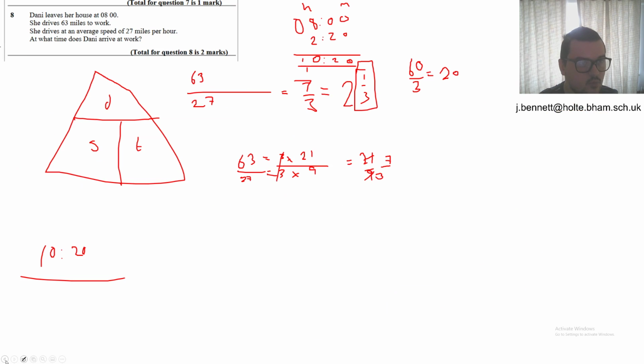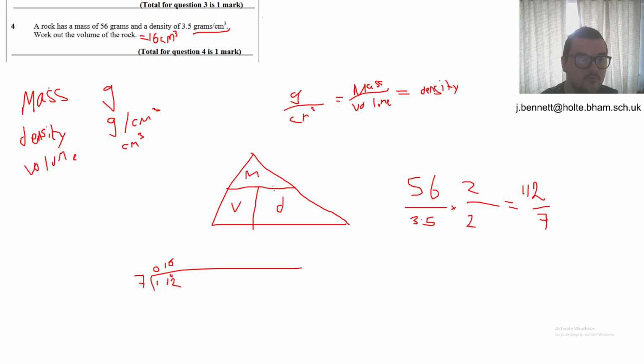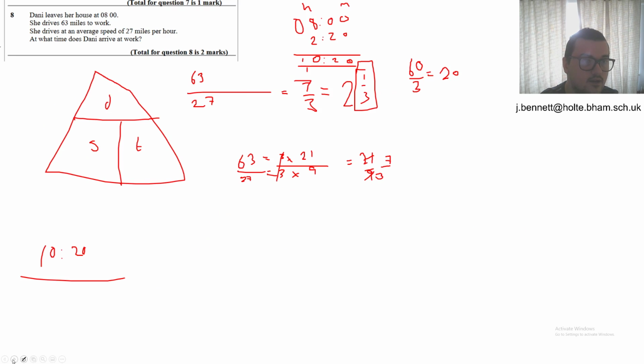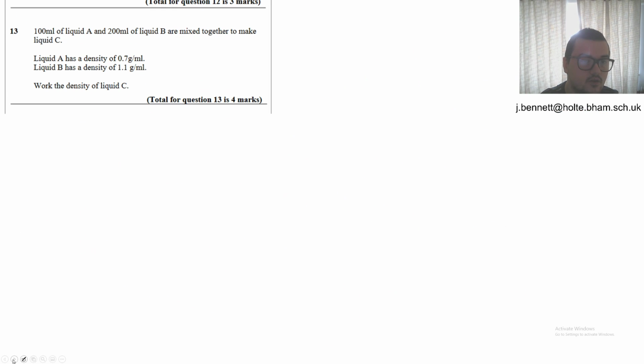So, if we go back to question 4, we worked out our equation, our triangle for this. So we have mass, which is in g.